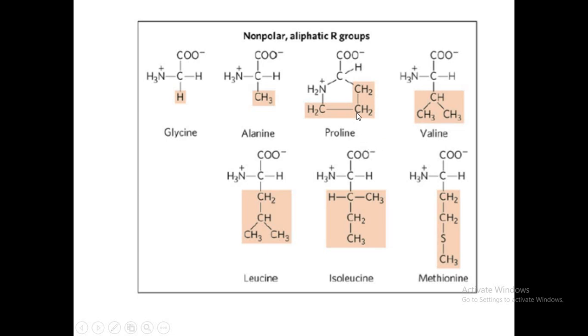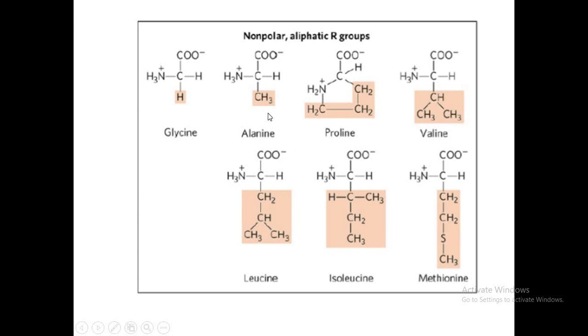amino acid. In this class, all those amino acids are listed that have a non-cyclic side chain, except proline. Proline has an aliphatic side chain that is present in cyclic form, but it is still an aliphatic side chain. And this class has all those amino acids that are non-polar.